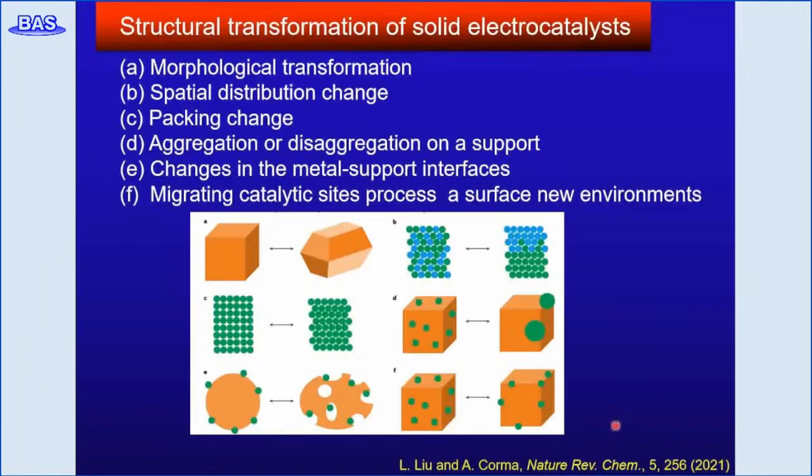There are several transformations that can be considered. For example, morphological transformation, spatial distribution change, crystal packing change, aggregation or deaggregation on a support, change in the metal support interface, and migration of catalyst sites across the surface, giving a new environment.